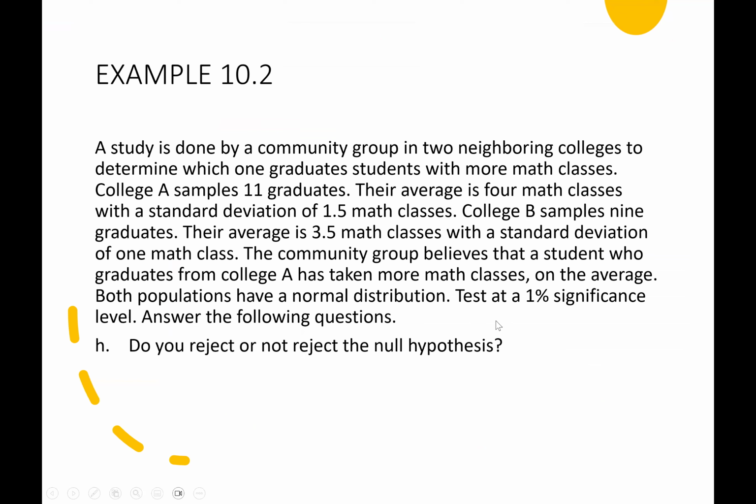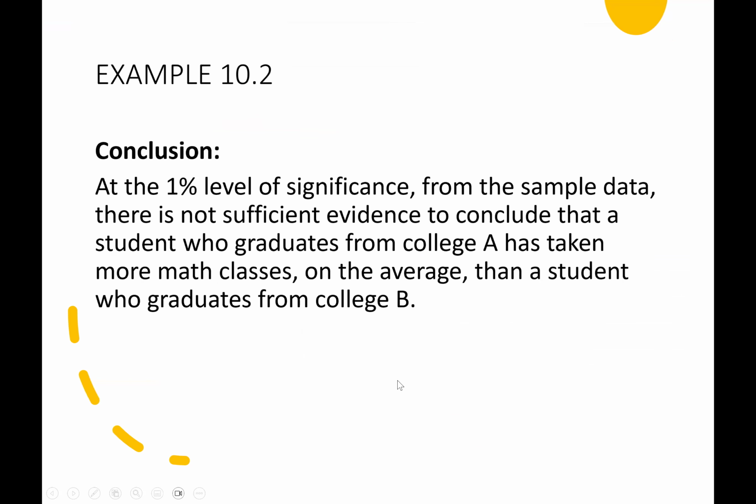The sample data does not support the claim that the mean of college A is higher than college B. At the 1% level of significance from the sample data, there's not sufficient evidence to conclude that a student who graduates from college A has taken more math classes on the average than a student who graduates from college B.